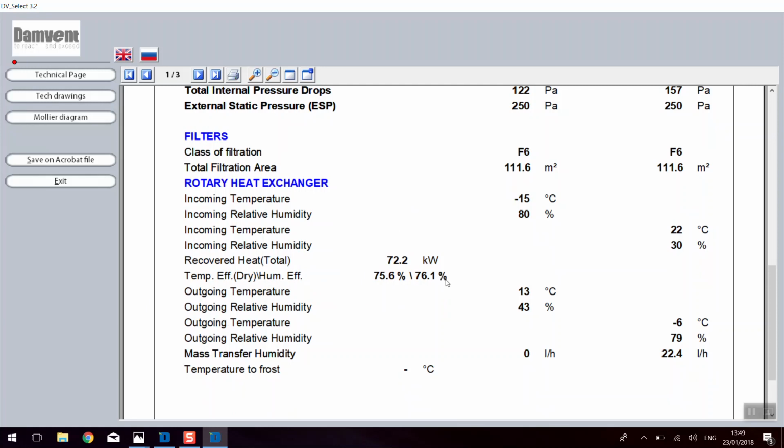And the humidity efficiency, if it's a sorption wheel, you will notice is always some percentages higher than the dry temperature efficiency.